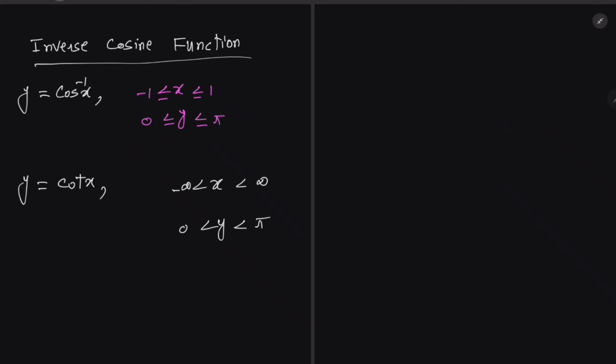Cot x is the inverse of tangent, so cot x can be written as cos x over sine x. So there are discontinuities when sine of x is equal to 0, that is, x is 0, pi, plus minus 2 pi, and so on. So we restrict the domain from 0 to pi. You can see it yourself. I hope you get the idea.